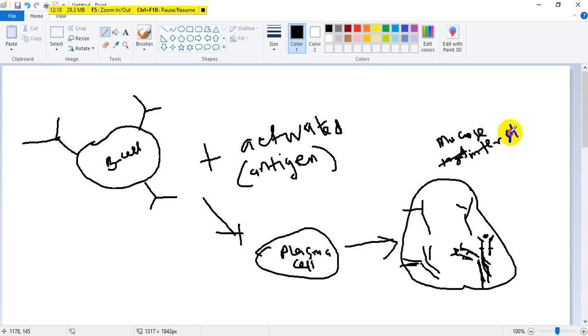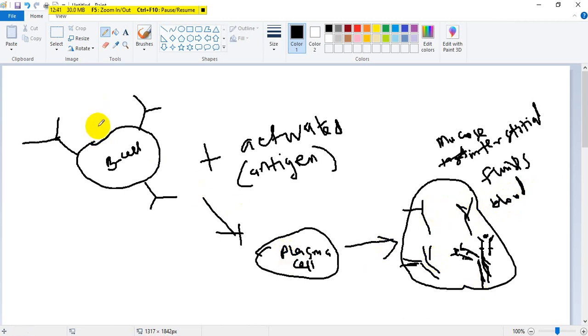and also in the blood. So these are circulating antibodies, and they are produced by our plasma cells.